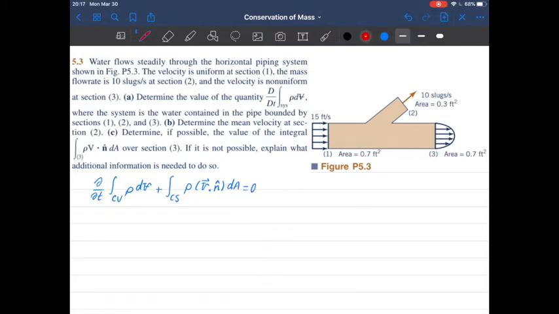And since the flow is steady, del over del t is equal to 0.